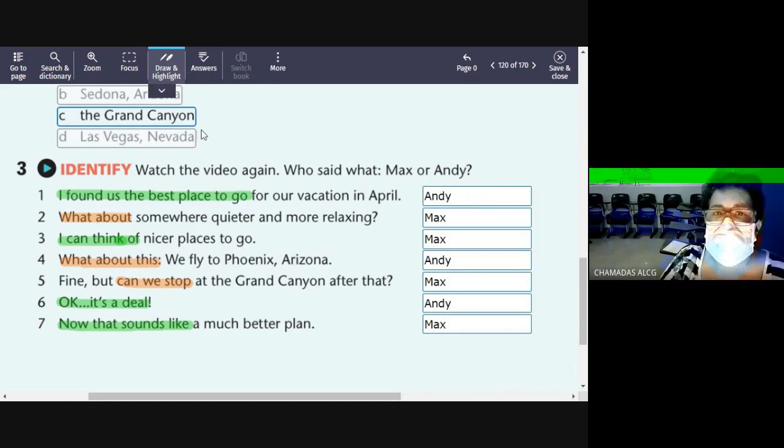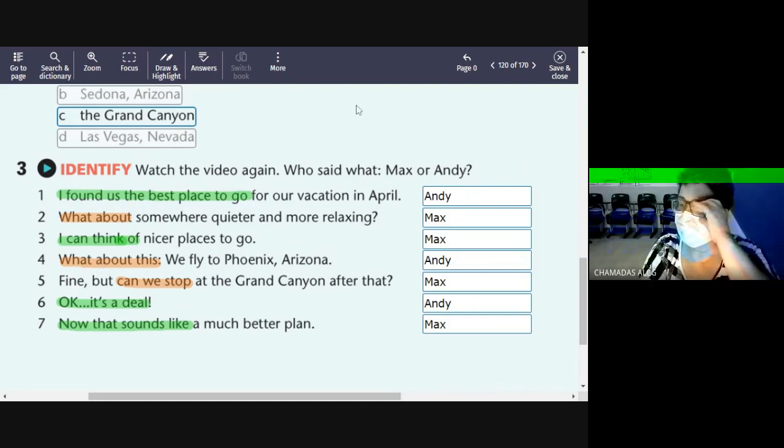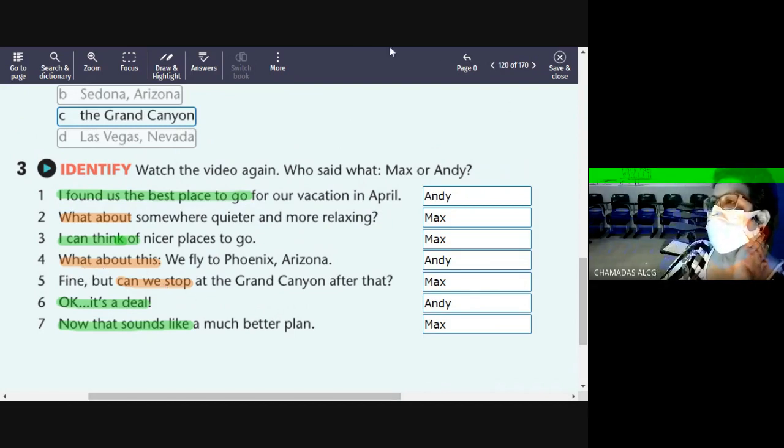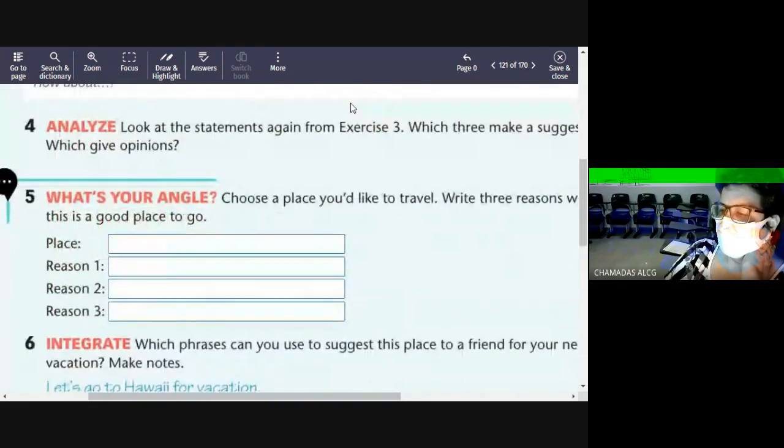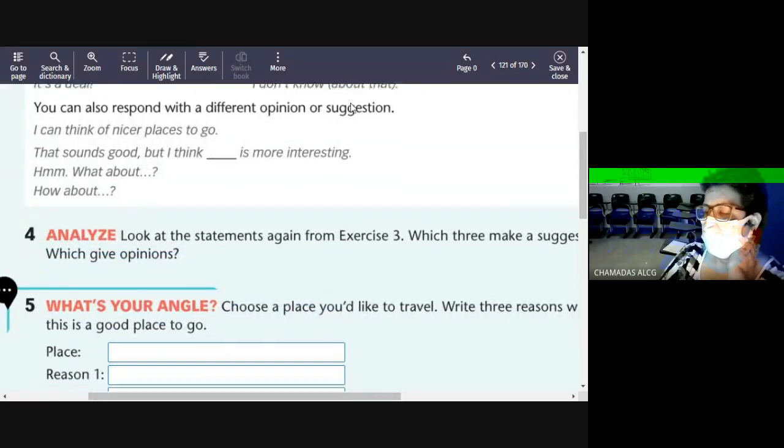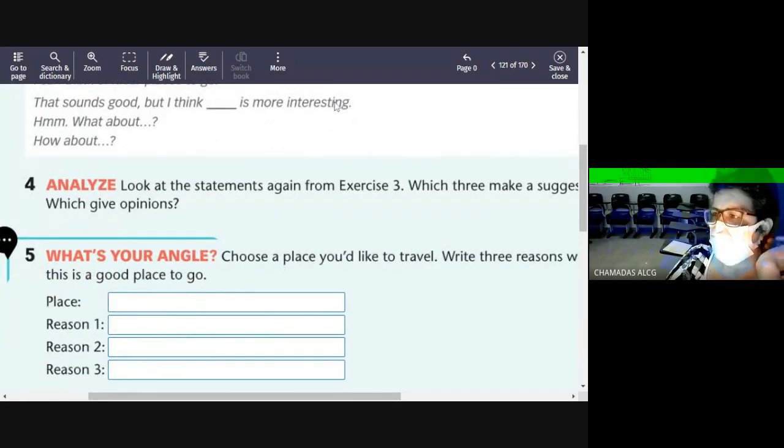Let's understand this way. So we have 4 examples of opinion and 3 examples of suggestion. I would put there number 1 and the others.